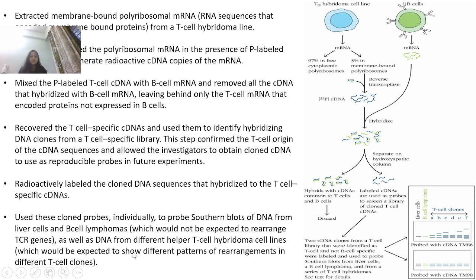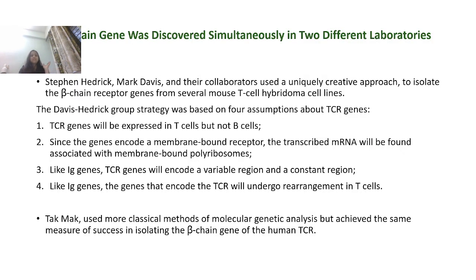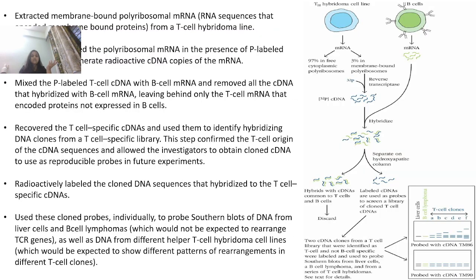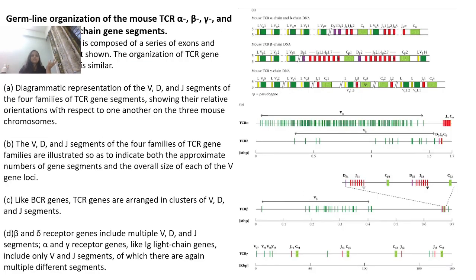Like this, they found that this is a beta chain region segment which is unique to the TCR, and when you have that probe or the cDNA, it is binding to the different kinds of T cell clones and not the B cell lymphoma or liver cells. Like this they found that the beta chain is a part of the TCR.